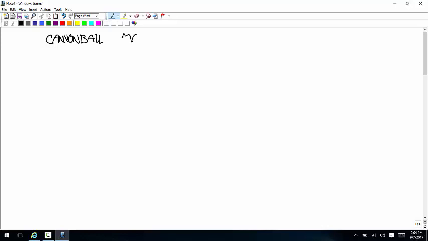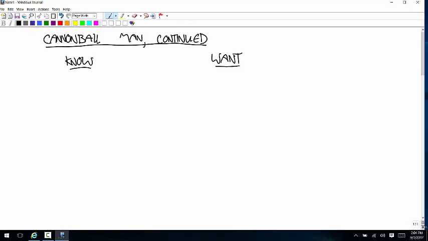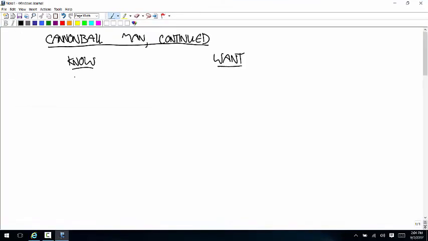So Cannonball Man continued. After the first part, here's what we know and what we want. We know that the starting position, P sub I, is 0.